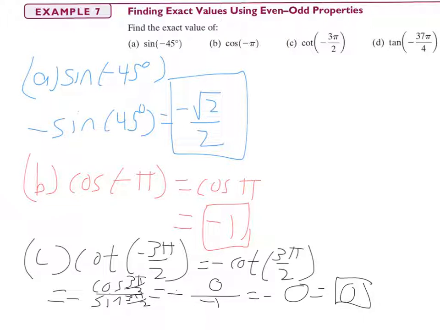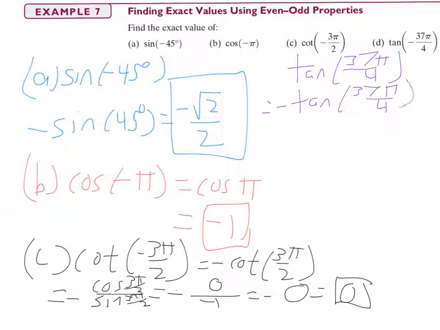Likewise, tangent of negative 37 pi over 4. That's equal to negative tangent of 37 pi over 4. This is when we can use those periodic properties that we learned before, so that's negative tangent of 36 pi over 4 plus pi over 4.